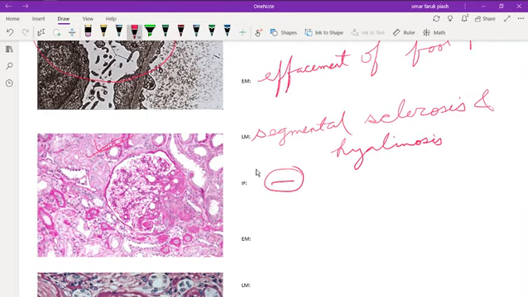Immunofluorescence is negative, or may be positive for non-specific focal deposits. In electron microscopy there is effacement of podocyte foot processes.